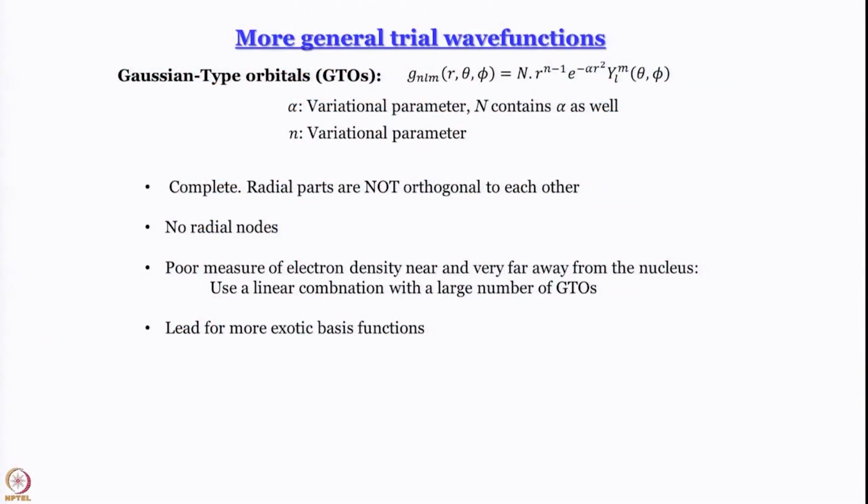So, we happily add terms to the extent that our computational power allows us. And this opens up the field for more exotic basis functions. If you actually use Gaussian or GAMESS or any other computational chemistry program, you will see there are a lot of basis functions that you could choose from, and different basis sets are good in different situations. This here is the beginning of all that, the tip of the iceberg.